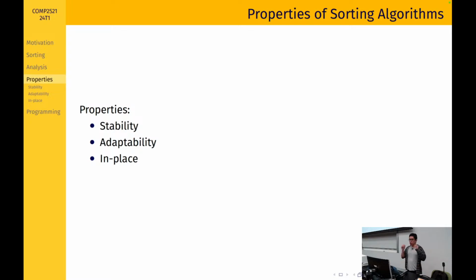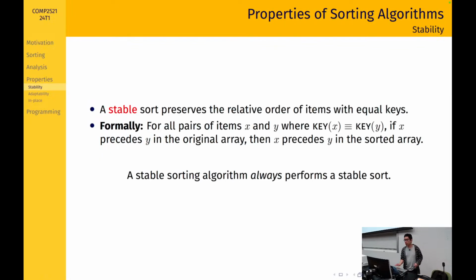In addition to time complexity, there are a couple more properties that we're interested in for sorting algorithms. The first one is stability. So what is stability? A stable sort is a sort that preserves the relative order of items with equal keys.